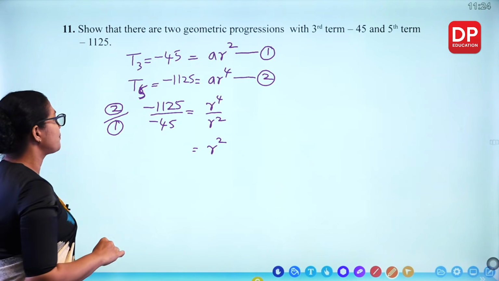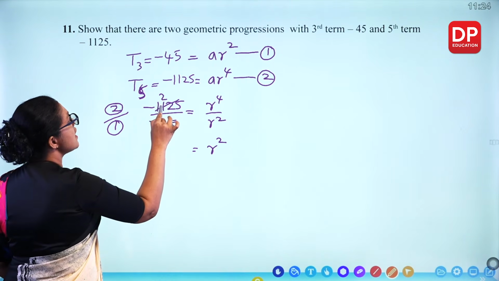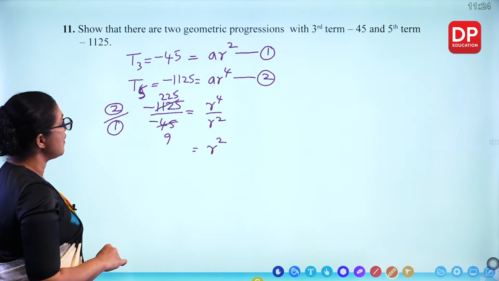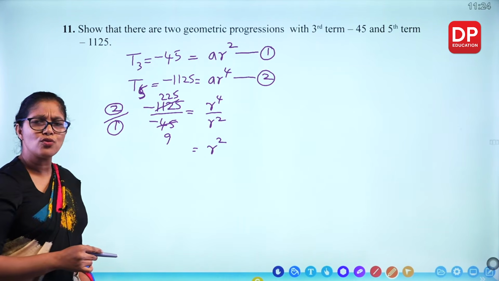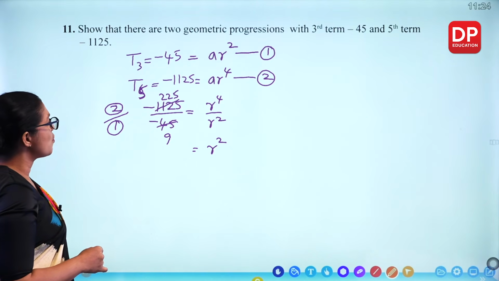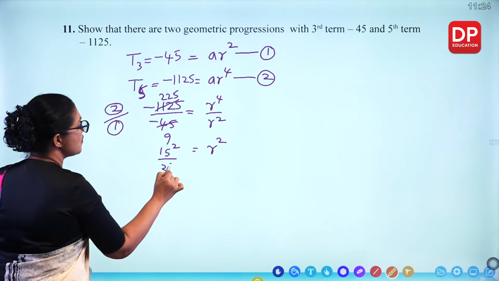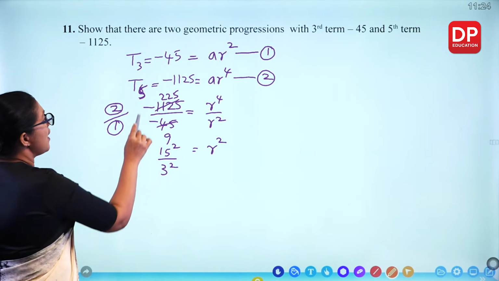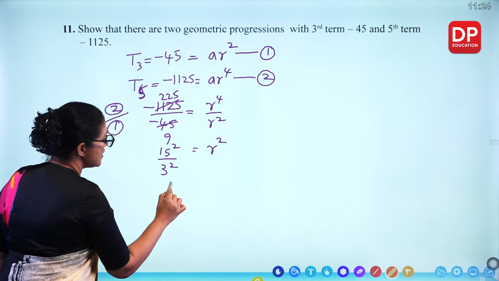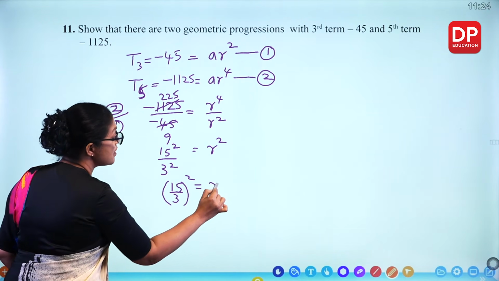Now this one, 5 times 9, 5 times 2, 10, 5 times 2, 10, so 225. What is 225? That's a square term. 15 squared. What is 9? 3 squared. And minus minus becomes plus. I can write this as 15 divided by 3 whole thing squared.